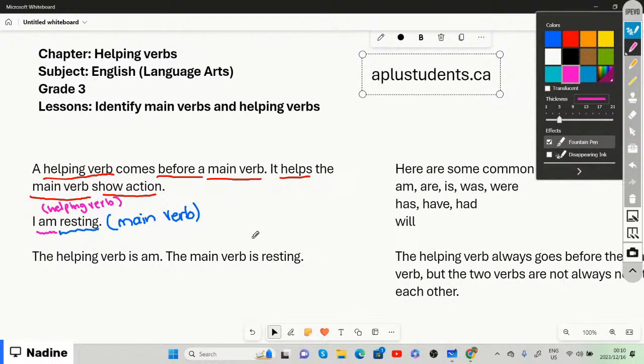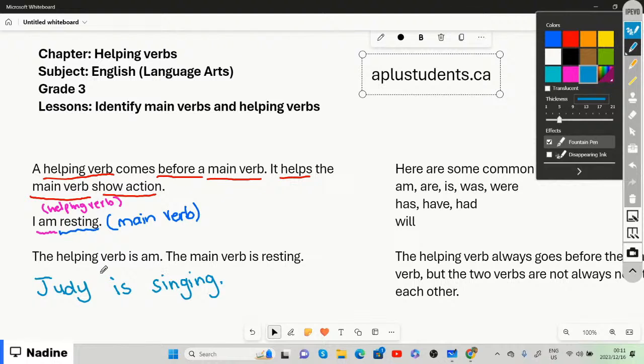Let's say if you are doing something, I'm going to make another example. If, for example, you are singing, and we just use your name: Judy is singing. This is an example.